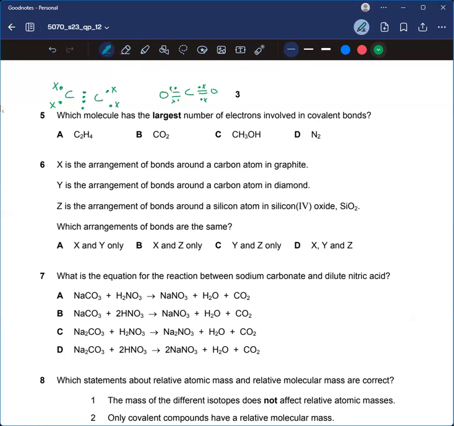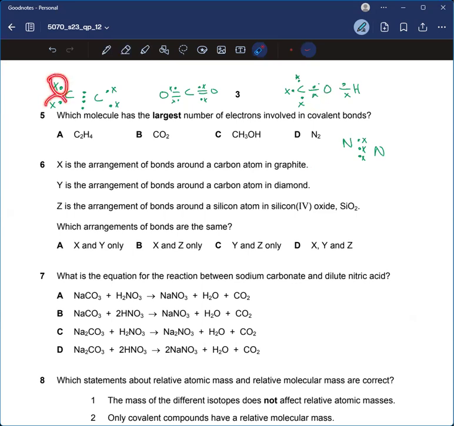Okay. For CH3OH, it would be C, H, O and H. And for N2, it would be... so now I will count the number of electrons.